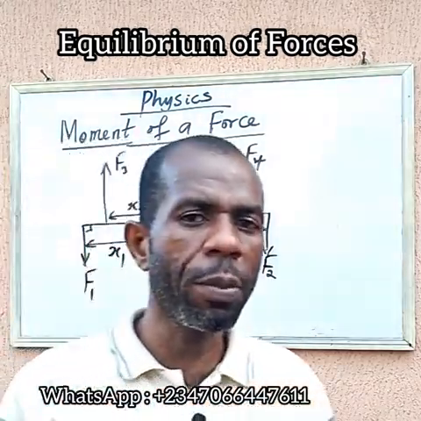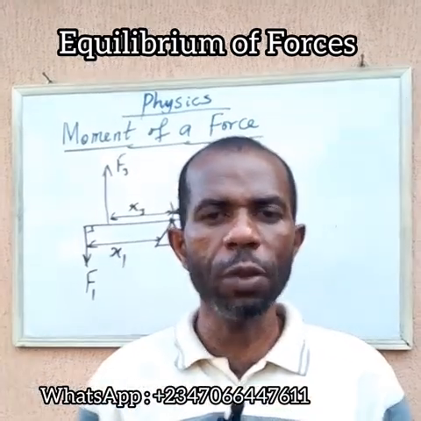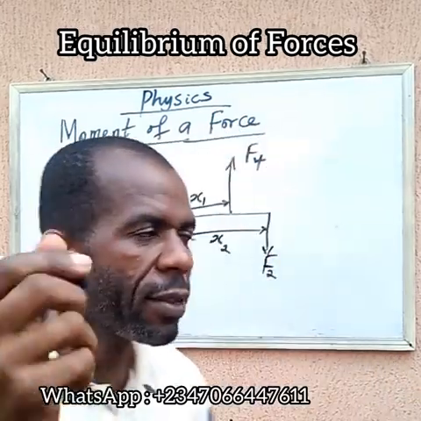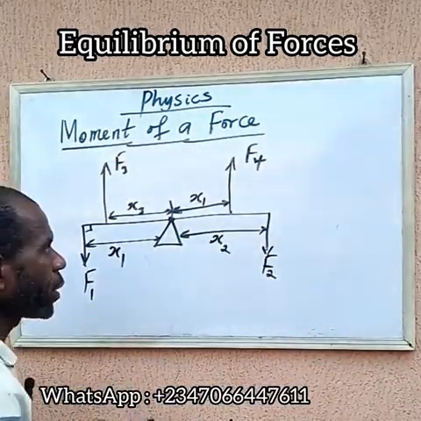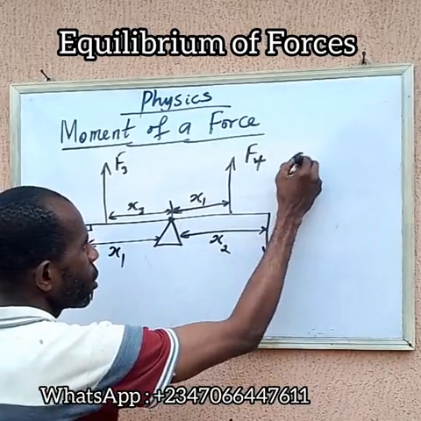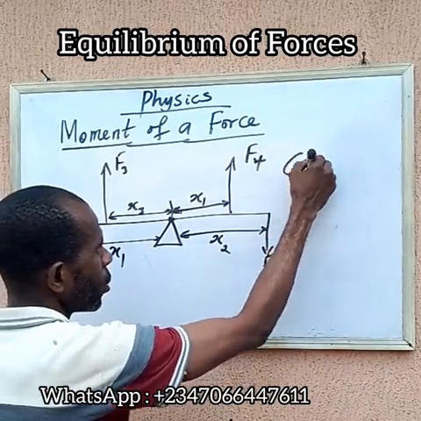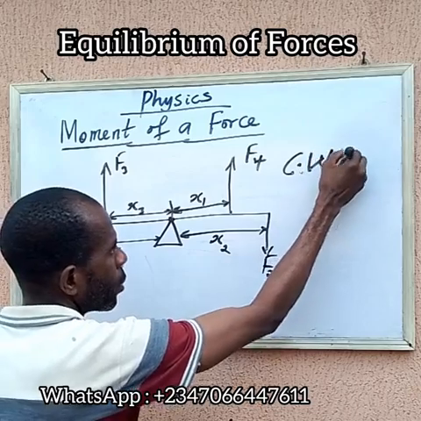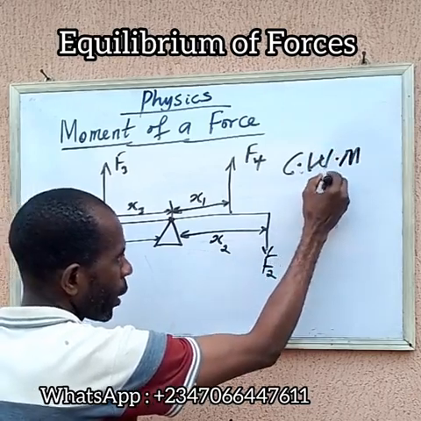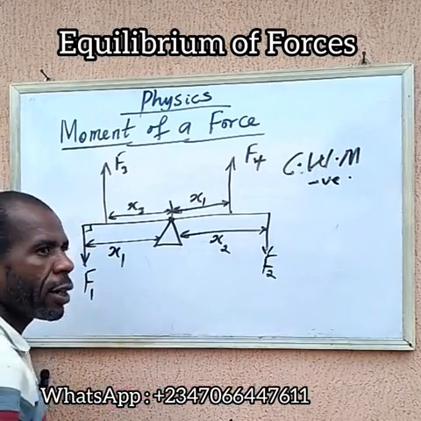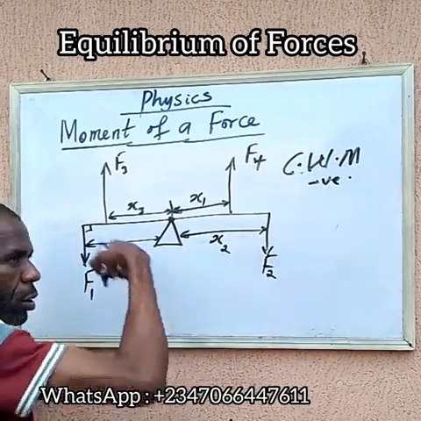Now we want to look at the types of moment we have here. There are two major types of moment. The first one is clockwise moment and the anti-clockwise. In terms of sign convention, clockwise moment is negative, okay? It's negative in sign convention. It means we are turning the opposite way.